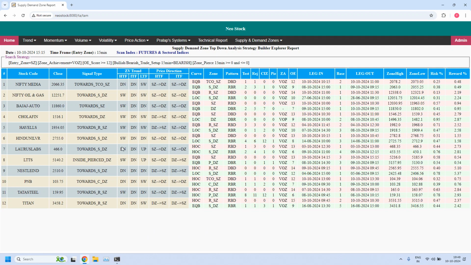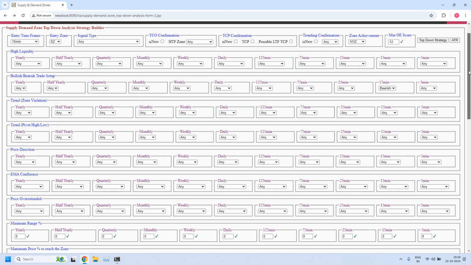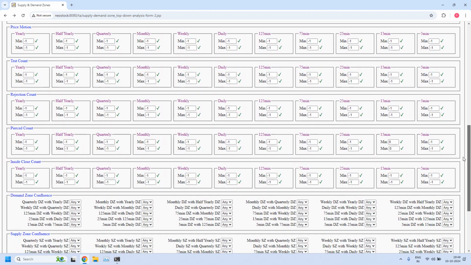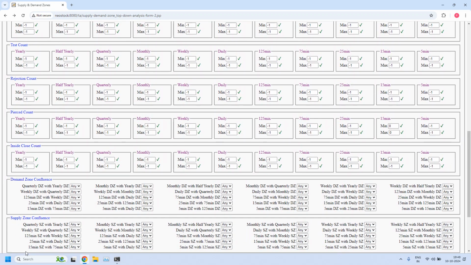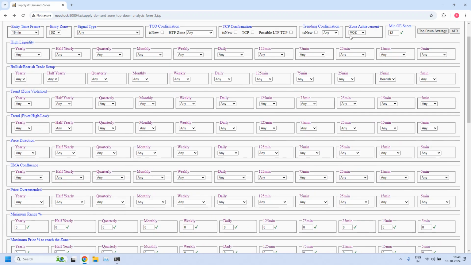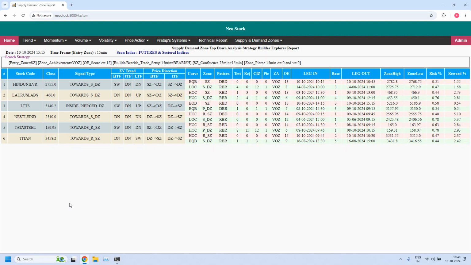Now let's verify. Out of these 12 high probability setups, 15 minute supply zone with 75 minute supply zone confluence. So I am enabling the filter. Let's verify. We got 6 stocks filtered.